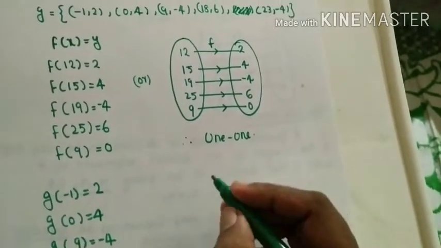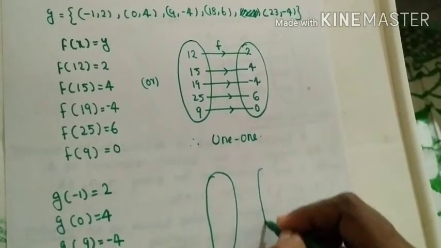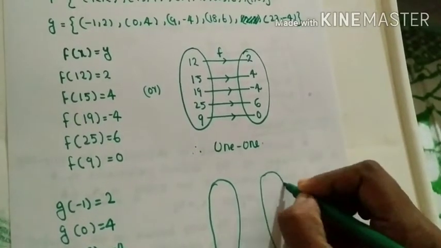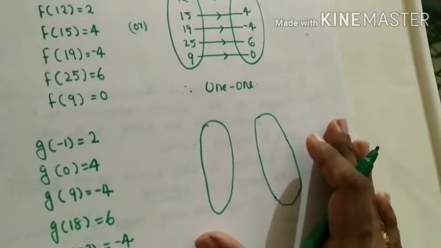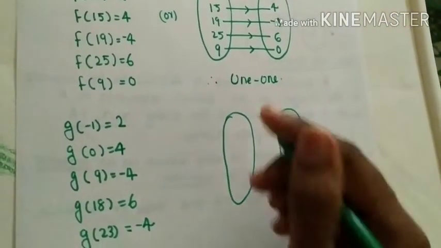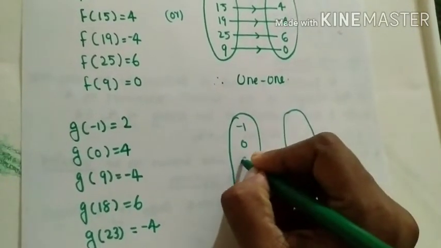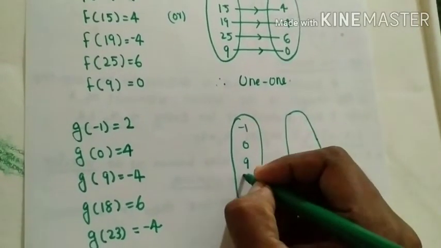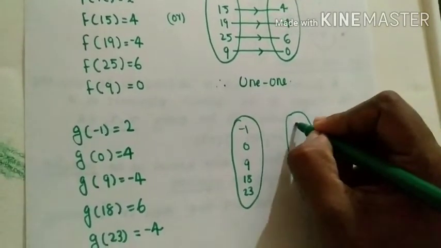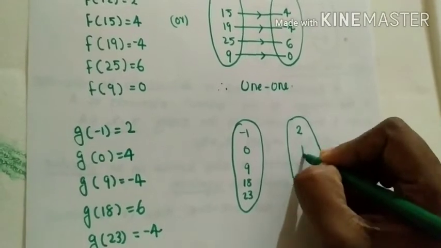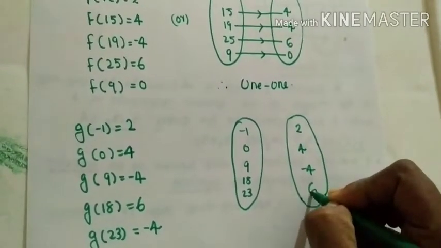And the arrow diagram of the function g will be like this. First we write here -1, 0, 9, 18, 23. Next 2, 4, -4, 6.